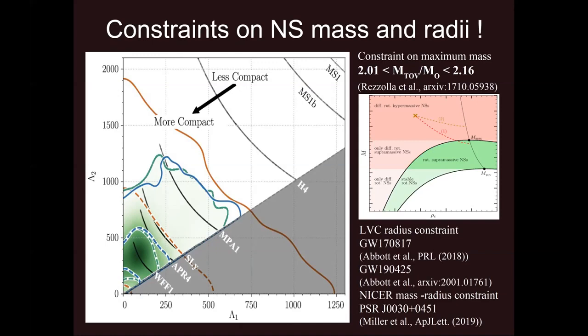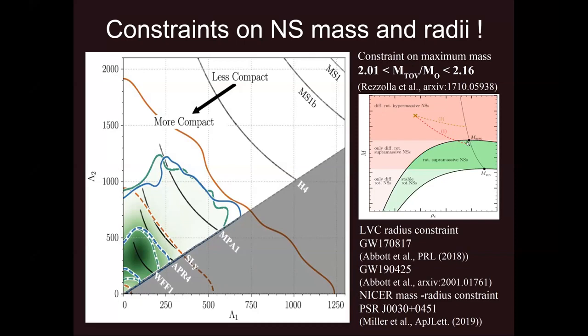Another point is when we consider the rotation, there has been a constraint derived for the possible upper limit on the maximum mass of the compact star by Rezzolla and others, namely arguing that the differentially rotating hypermassive star will very quickly cool and become a stationary, fast rotating compact star at the Kepler limit.